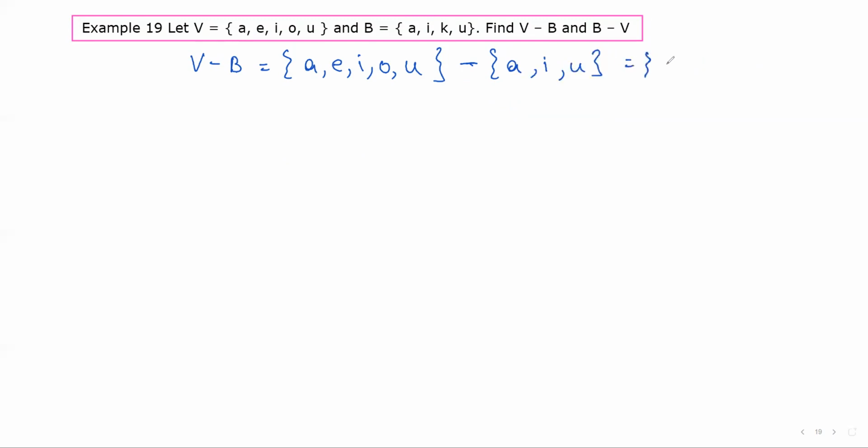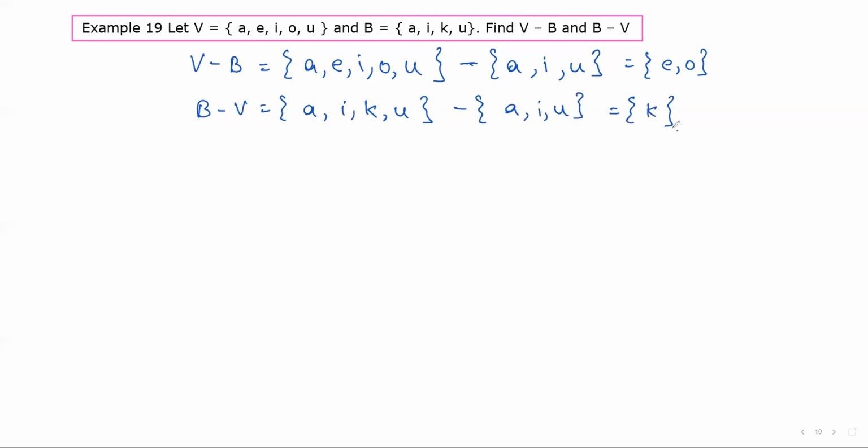So you're left with E and O. B minus V would be, again, writing A, I, K, and U, and subtracting the common elements, which are A, I, and U. You'll be left with a singleton set K.